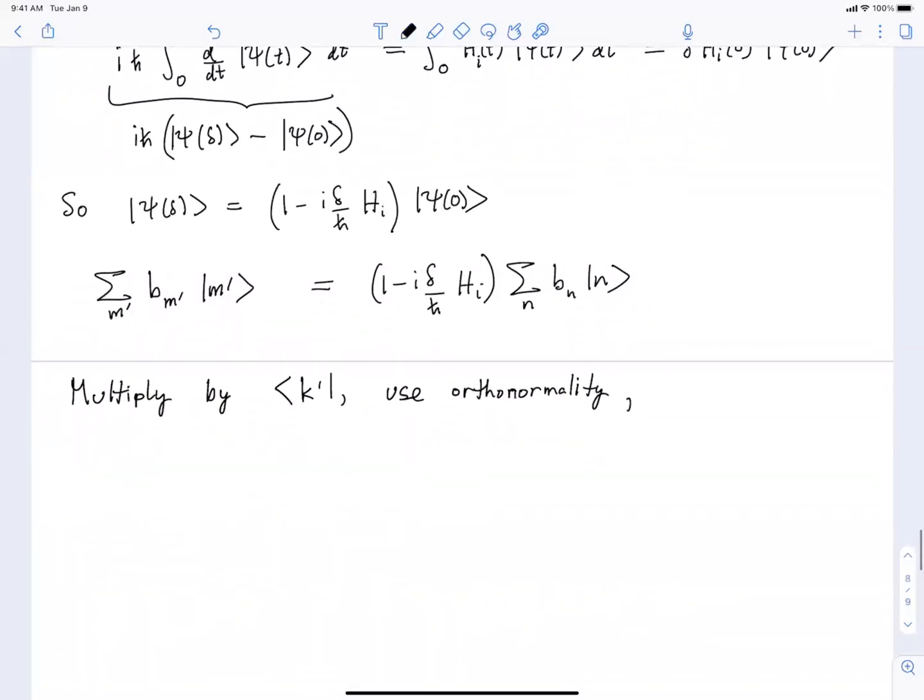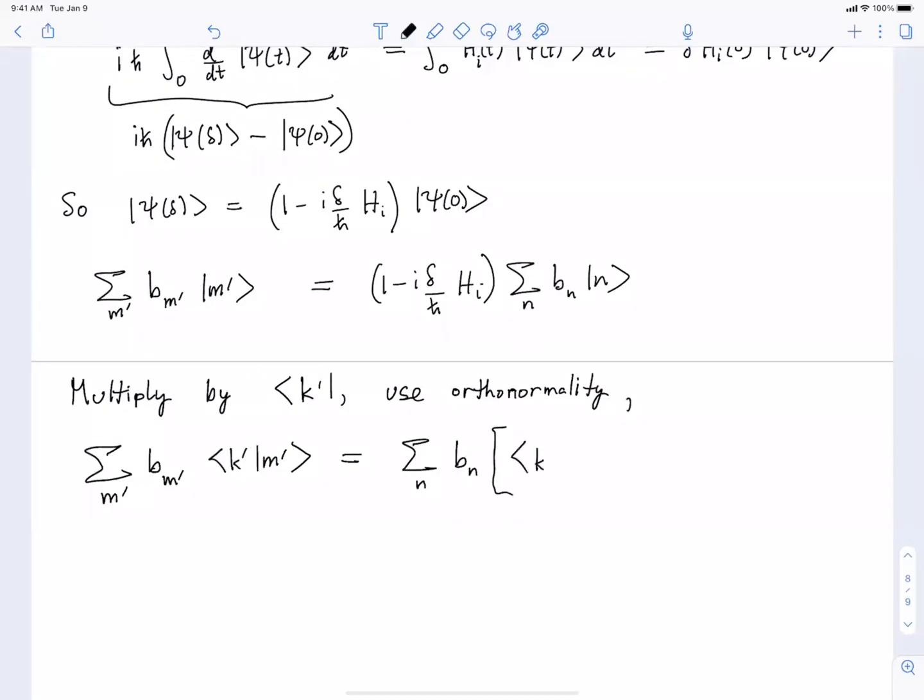Okay, and so what have we got? We've got the sum over m prime of b m prime, which is just a number, times k prime m prime, equals the sum over n of b n times the quantity k prime n minus i delta over h bar. And then we have a matrix element, k prime h i n.